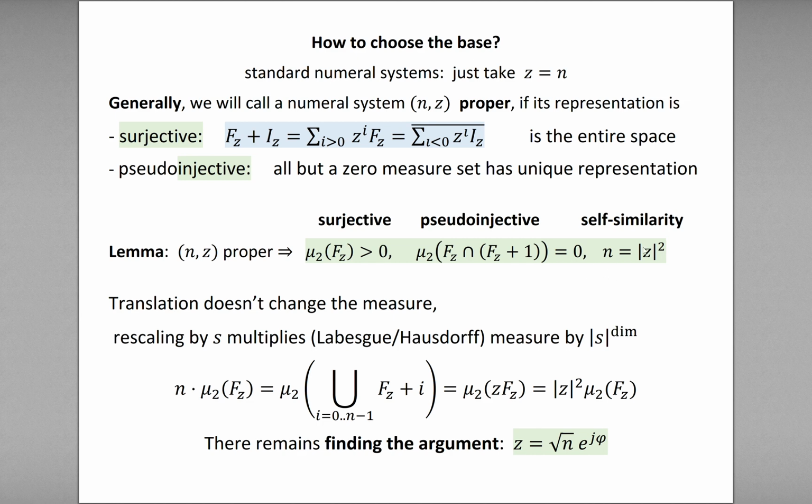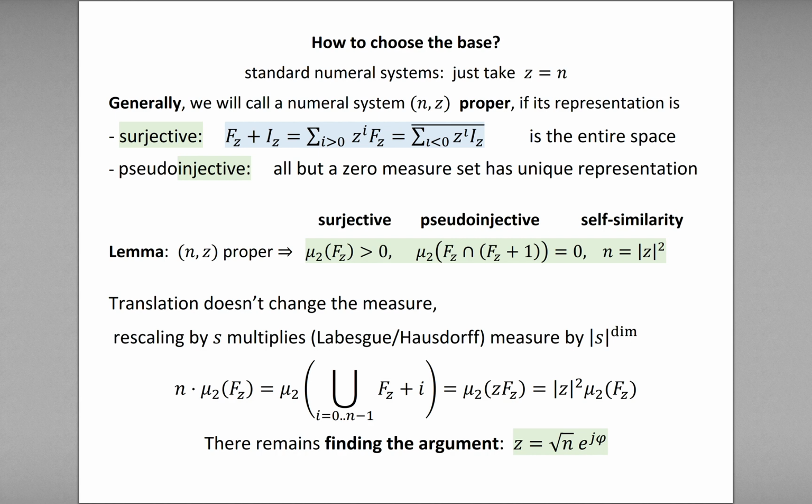The last one we can get from this: n times the second measure of fz, using the self-similarity relation, so fz is the union of all the shifts.